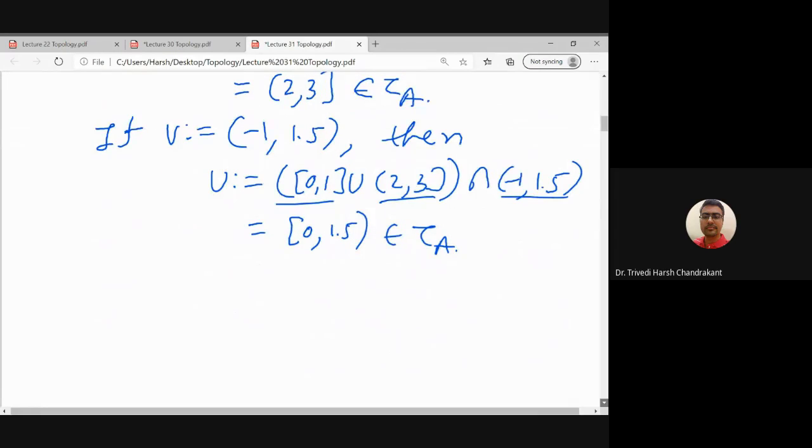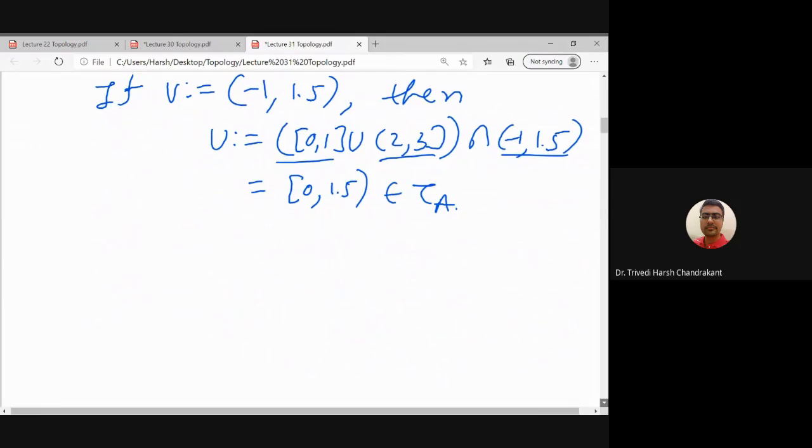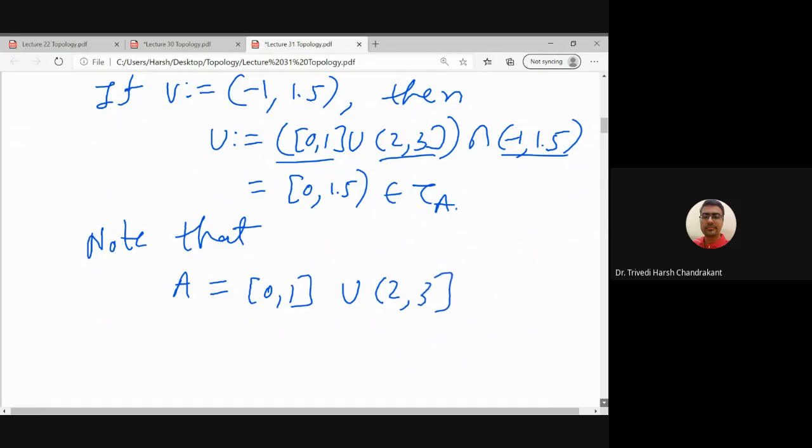What I want to say here is, note that A is basically 0 1 union 2 3, and we have already seen that both of these are in tau A, right? So they are open.